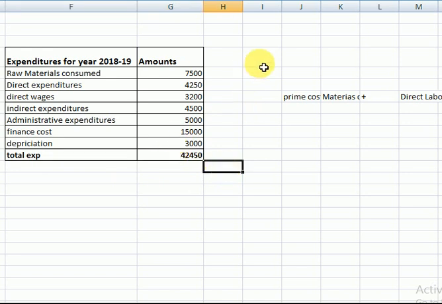Now from this we are going to calculate the prime cost.